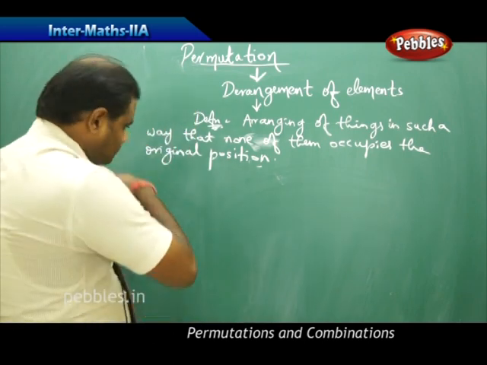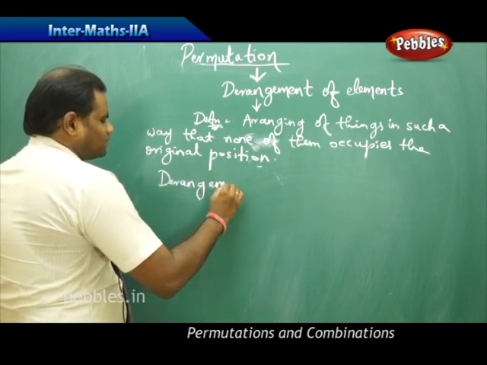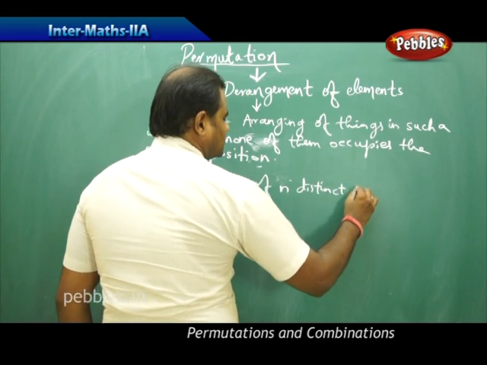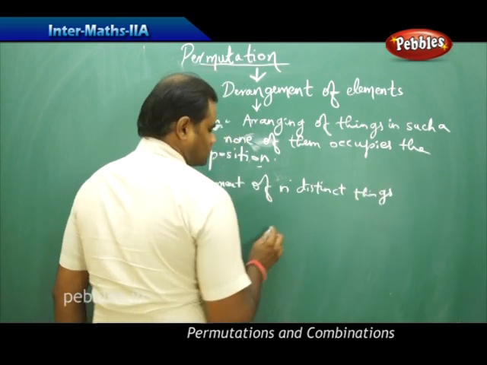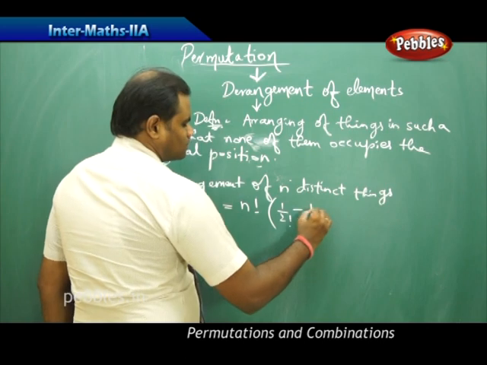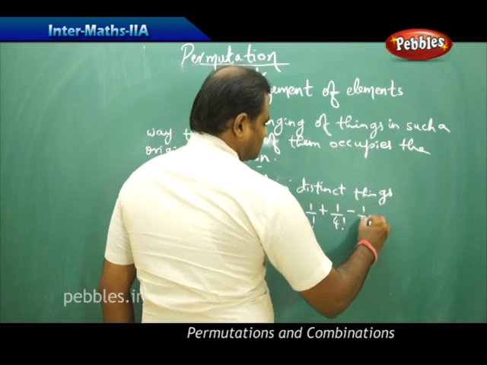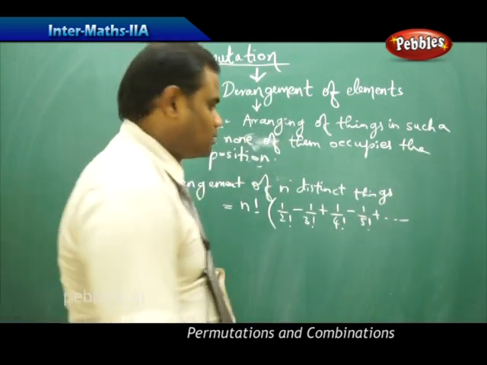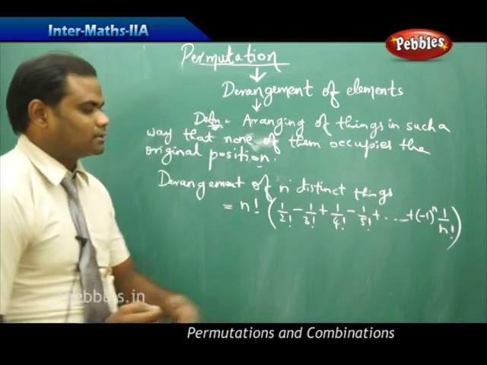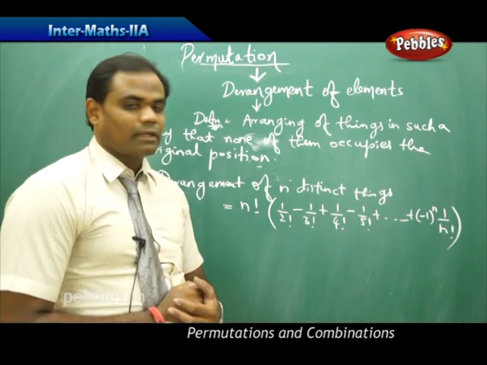So for example, if I have n things, then the derangement of n distinct or dissimilar things is given by n factorial times (1 by 2 factorial minus 1 by 3 factorial plus 1 by 4 factorial, and so on and so forth, till the last term).